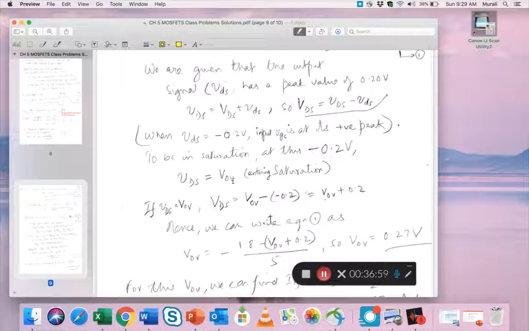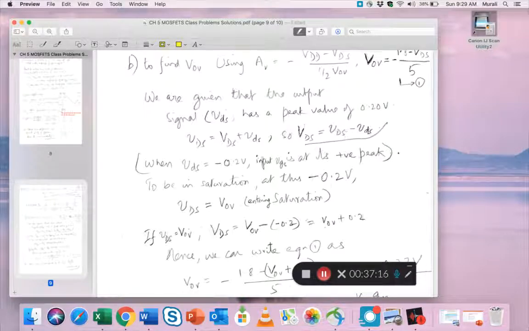So what we are doing then is, in this equation, we take this VDS to be the overdrive, which is still an unknown, but we can at least substitute overdrive here, and the small vds we know is minus 0.2. So if you take overdrive minus of minus 0.2, you have an expression for this VDS, which is the biasing VDS at the Q point, to be VDS equals V overdrive plus 0.2.